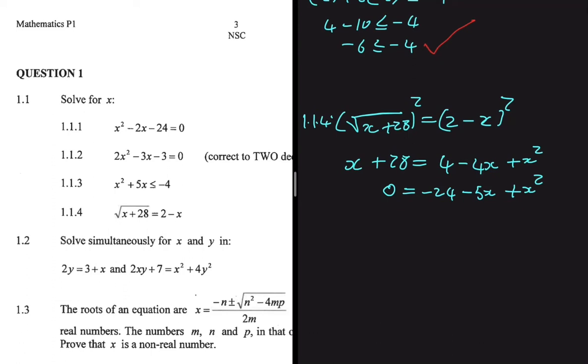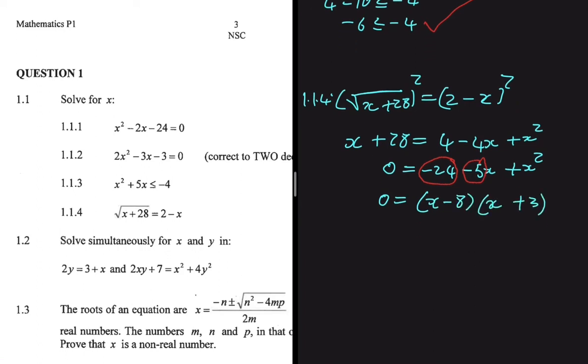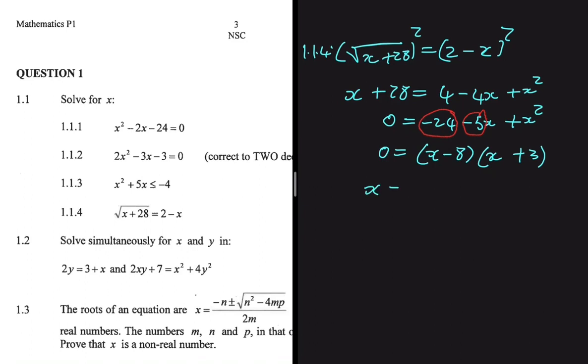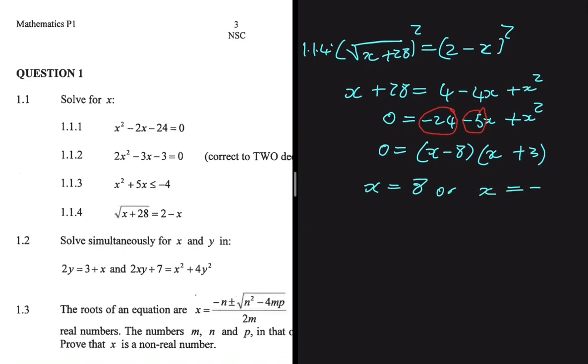Again, our key equation, which two numbers do we multiply and we get minus 24, but when we add, we get minus 5. That should be minus 8 and positive 3, right? So 0 should be equal to (x minus 8) multiplied by (x plus 3). So now it's easy to see that x is equal to 8 or x is equal to minus 3.